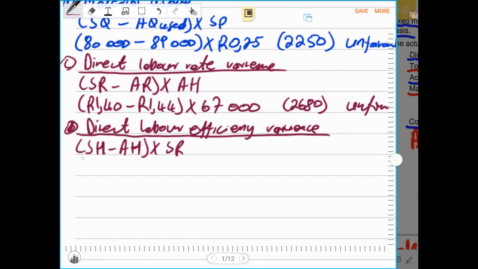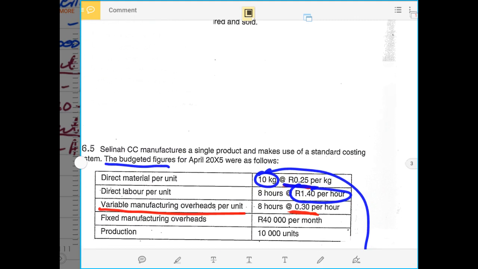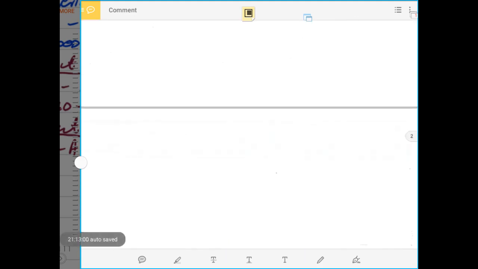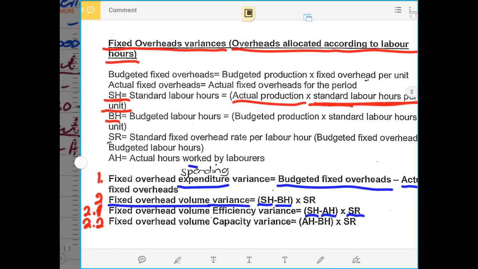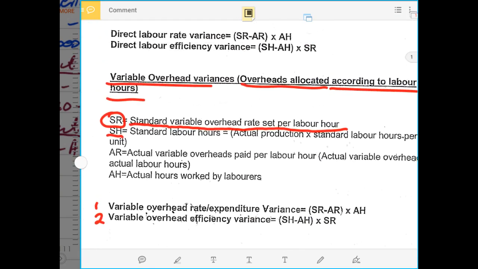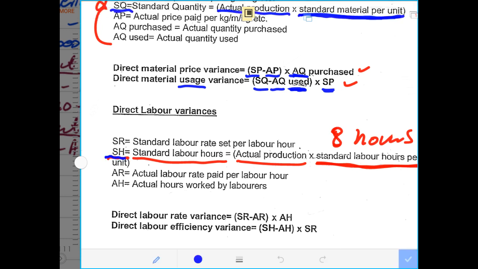Now our standard hours must be calculated. I'm not sure if we did calculate our standard hours, but we know that to calculate standard hours, we need actual production, and we multiply that by the standard labor hours per unit. Our actual production is 8,000.